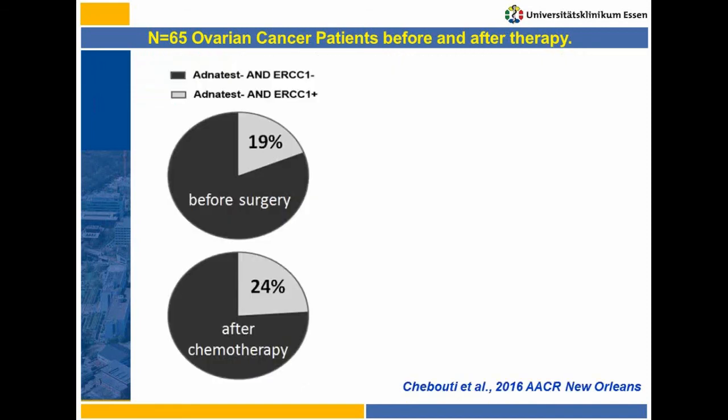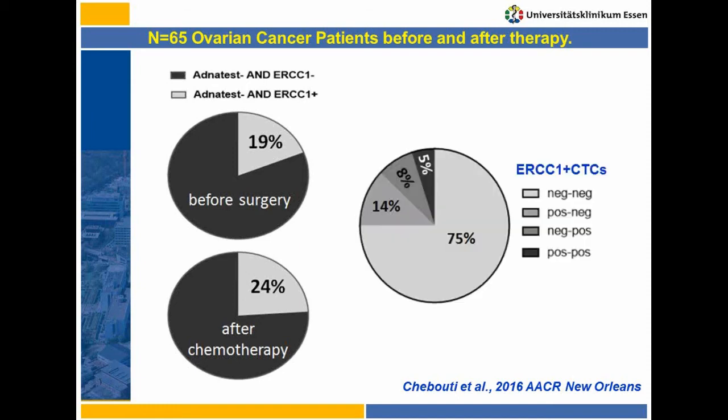Now, what about this special group of patients? We have about 75% of patients who do not express any marker on the cells. But we have a group of patients who only express ERCC1. And these are 9% of the patients before and 24% of the patients after therapy.